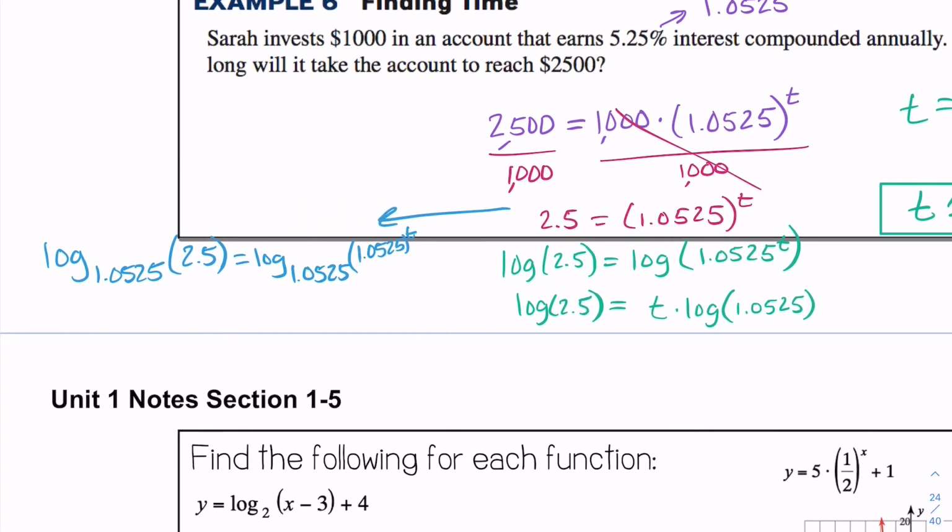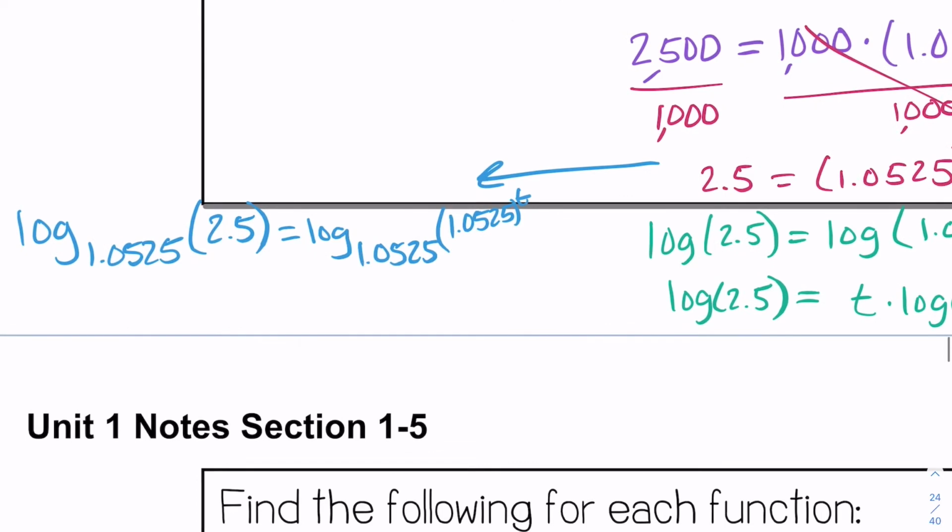I could have done this, and then this is really weird. We don't normally do this, but we can. To the t. And then, boom, this goes away, and you have just t.